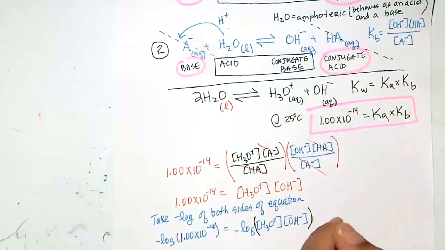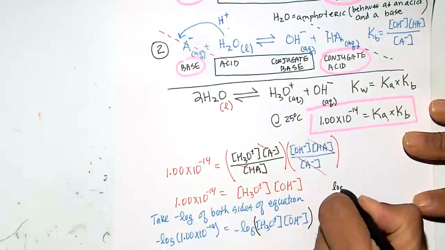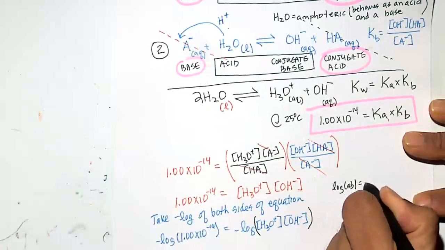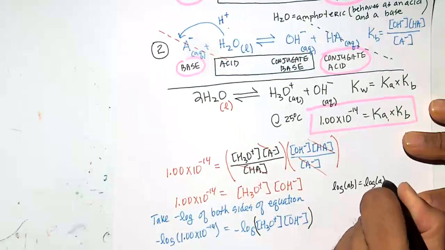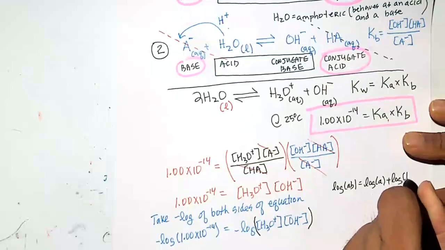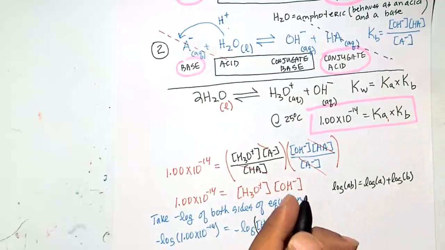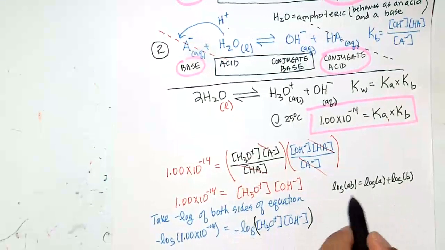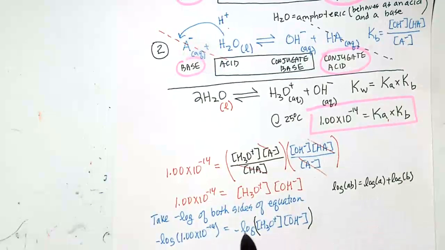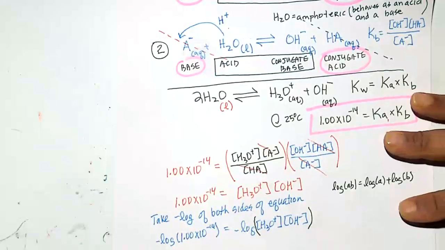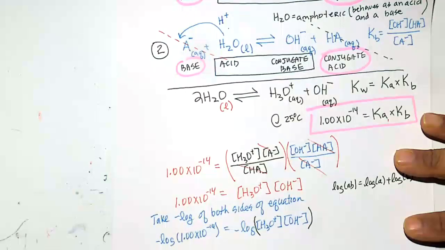There's no derivation on the exam, but let me give you some log rules. Log AB, the product, is log of A plus log of B. But we have the minus sign there, so let me use this log rule.